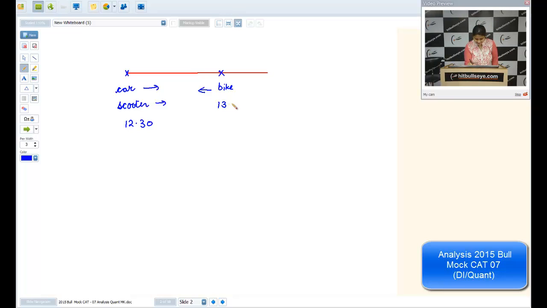The time is 13. And the motorcycle at 13:30. Now these are the original positions at 12:30, and that is the reaching time, meeting time, we can say.